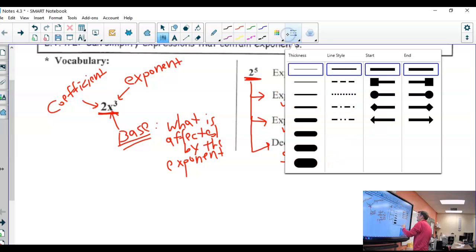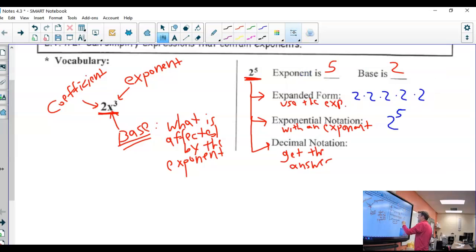In this case, that would be 32. 2 times 2 is 4, times 2 is 8, times 2 is 16, and times 2 is 32. 2 to the 5th power is 32. So those are 3 different ways we might write an exponential expression: expanded form, exponential notation, or decimal notation.